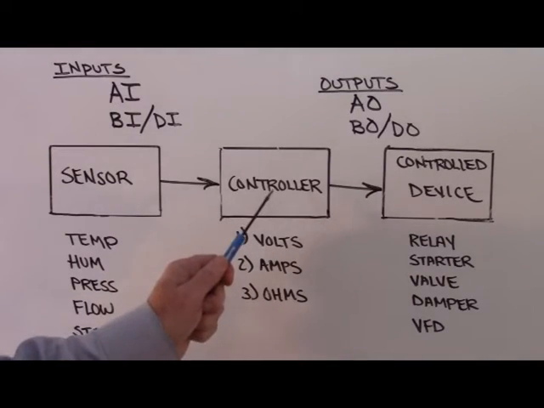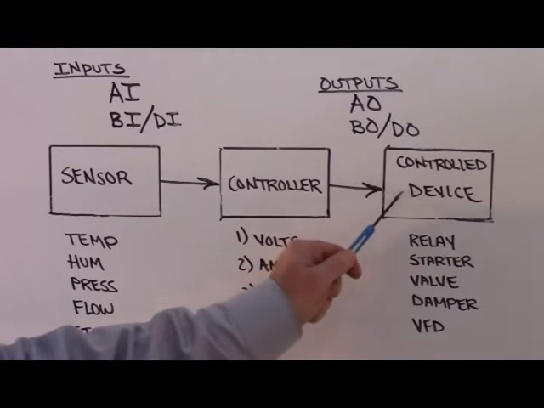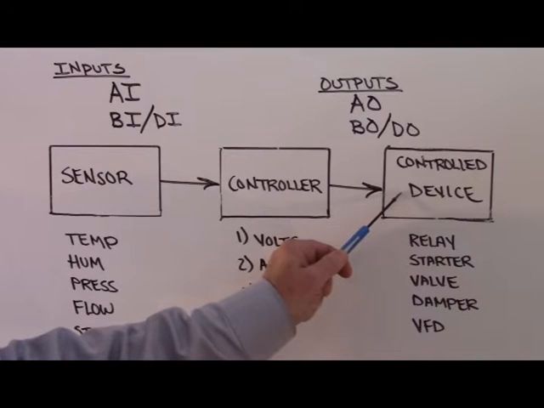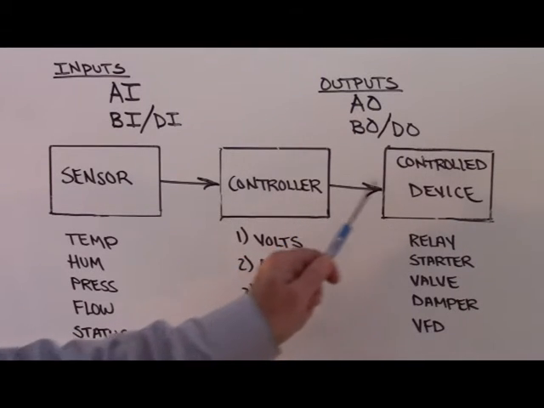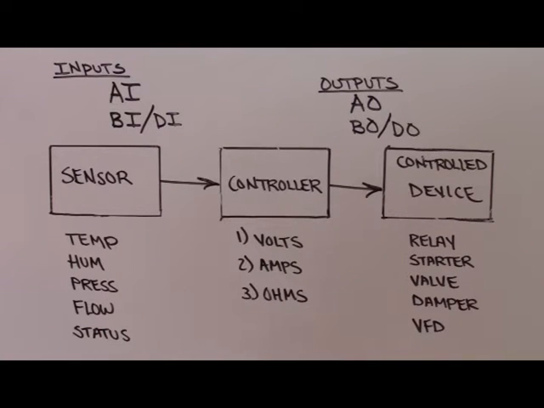The controller always contains the set point, the value you're trying to maintain. The controller then analyzes and says, I am looking for a set point of 70, but I'm getting 75 degrees coming in, therefore I have a 5-degree error here. The controller then makes a decision and sends an analog or a binary output, depending upon what it's controlling. It sends a signal out to a control device, which is going to take some action to rectify the situation so that we get back to set point.